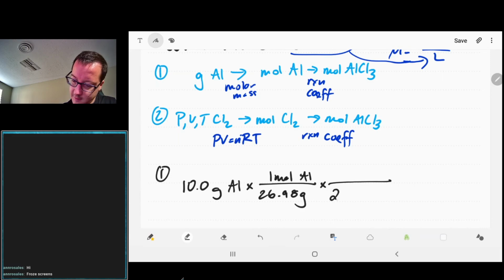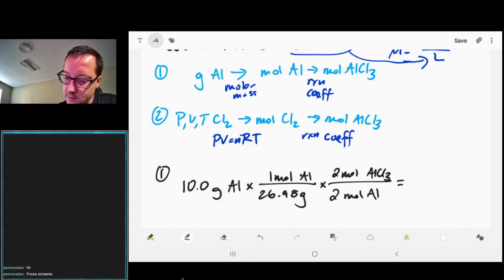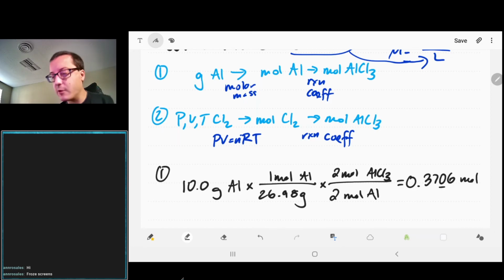And then we know we need 2 moles of aluminum for 2 moles of AlCl3. We can get our answer, so 10 divided by 26.98. All right, so I get 0.3706 moles.